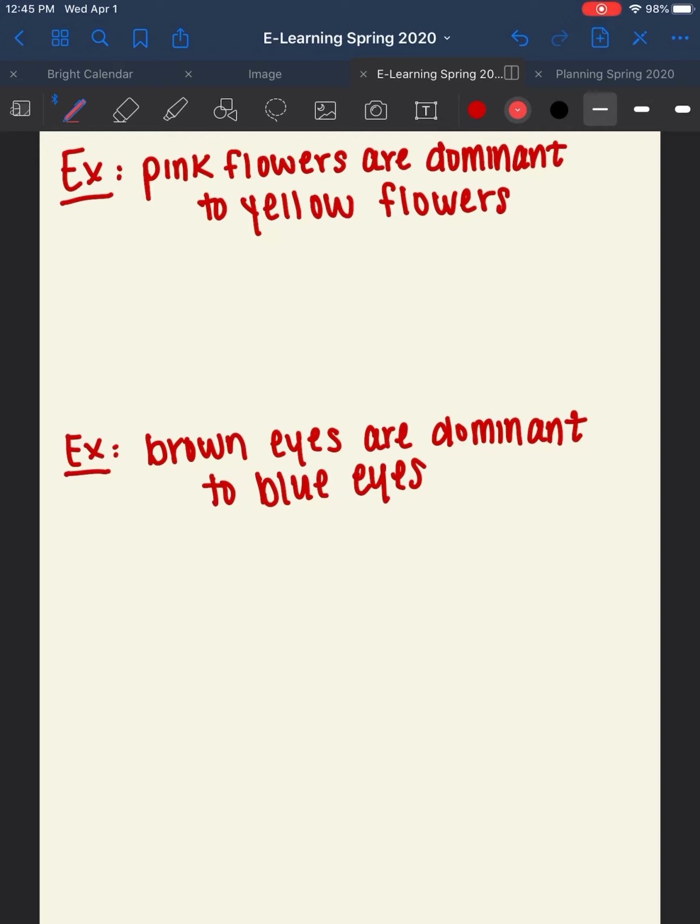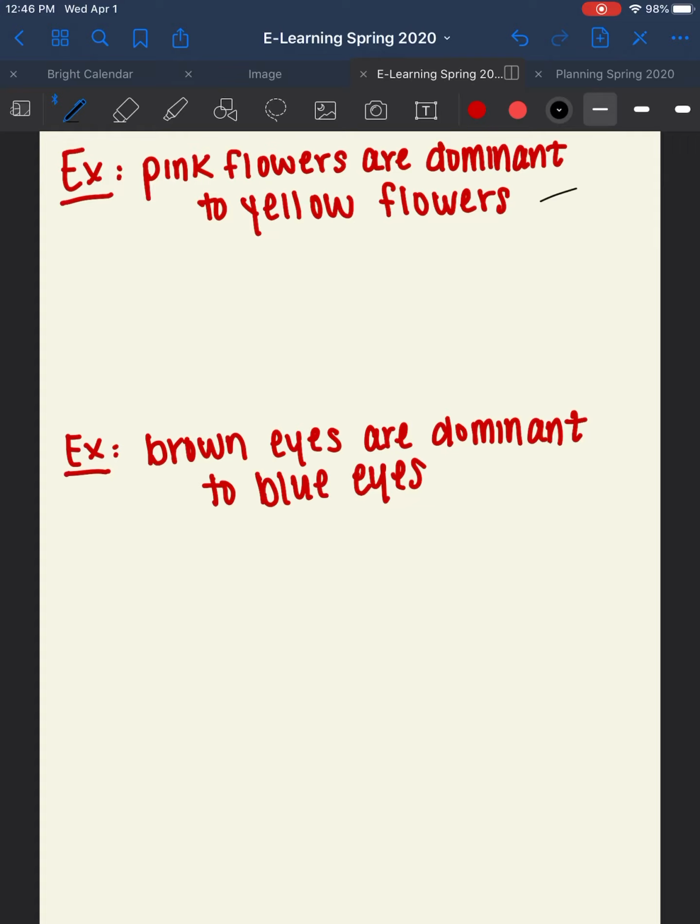You might have a couple of examples that look like this. If you're given an example that says pink flowers are dominant to yellow flowers, you are going to be able to go from this phrase and come up with the genotype that would represent this scenario.